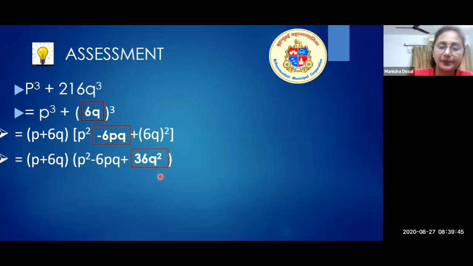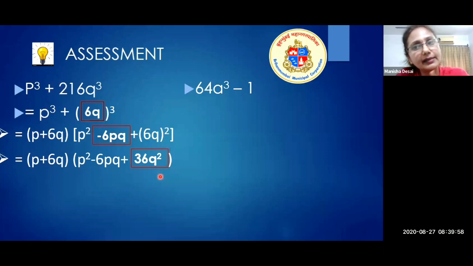Okay? Now, the next question is 64a cube minus 1. Try to solve this. Here we are going to use the formula of a cube minus b cube.